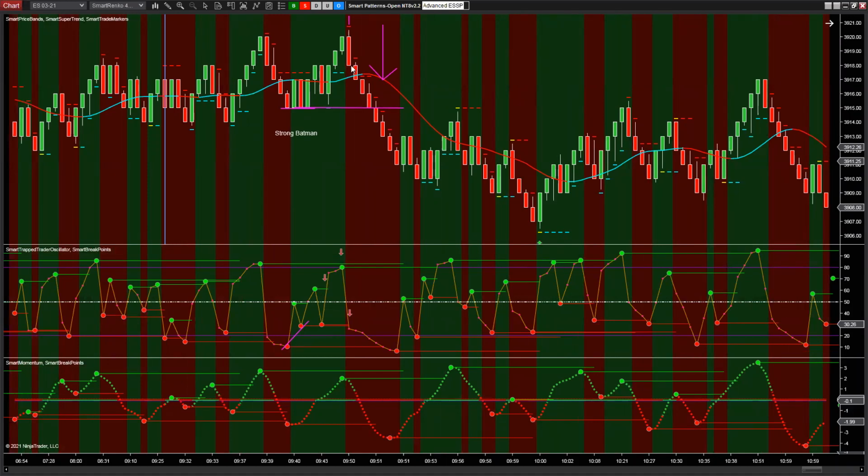People ask, why do you have goofy names? We have names because rather than saying, hey team, we've got a green, red, green reversal bar and Trapped Trader Oscillator is in the extreme and above the extreme, and we have type 1 and there it goes, it's gone, we say, hey, there's strong Batman. There's TTOX color on color. There's a Santa Claus trade.